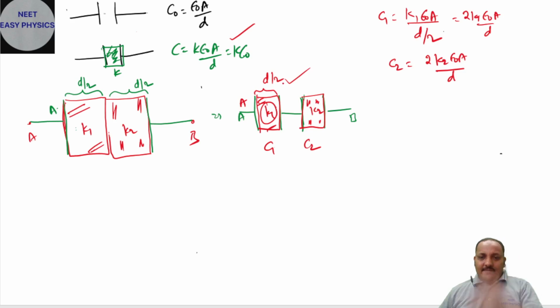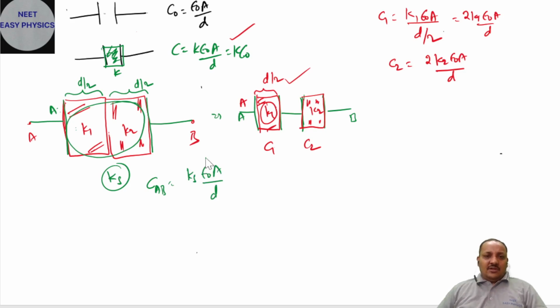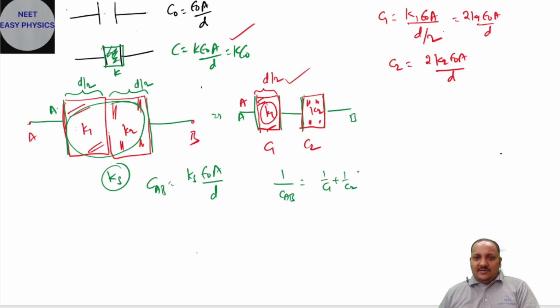Correct? Now, how are these two connected? In series. Effective capacitance means effective dielectric constant. I am taking series, therefore Ks. The capacitance of this one, CAB, is equal to Ks epsilon naught A by D, since both are occupying total separation D. Now, if two capacitors are connected in series, what is our formula? 1 by C1 plus 1 by C2.